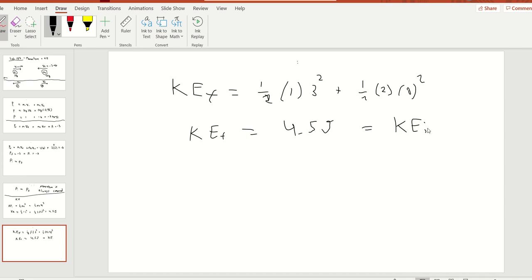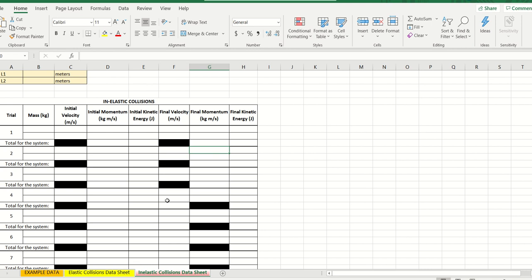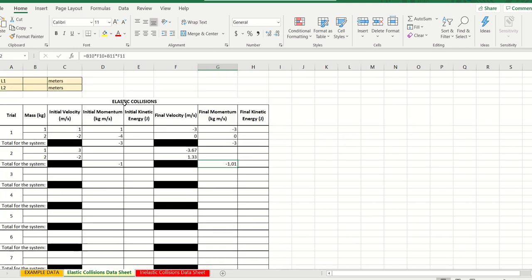And the way you're going to put that into your data is, let's say you go to elastic collision, you go here, the initial kinetic energy here, it's going to be equal to just that formula.